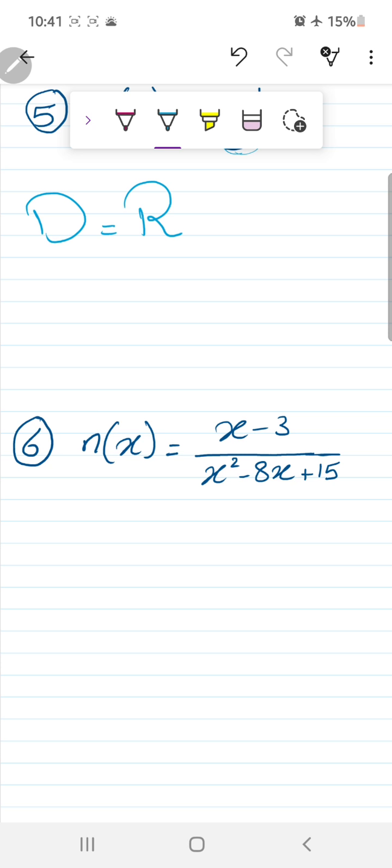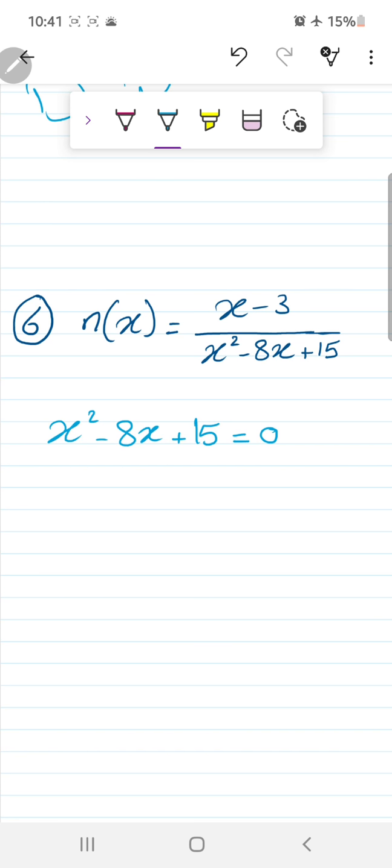Another one, n of x equals x minus 3 over x power 2 minus 8x plus 15. Okay, take the denominator equals 0. X power 2 minus 8x plus 15 equals 0. Here, by using factorization, open two brackets. We search for two numbers whose product is 15 and whose sum is 8, which are 3 and 5.